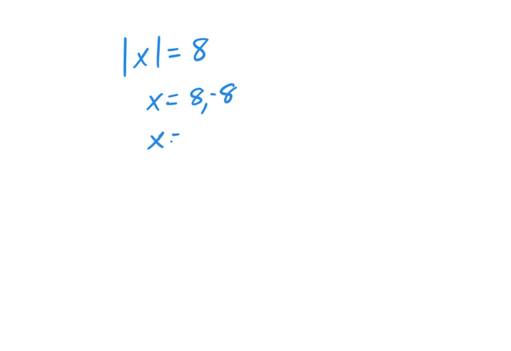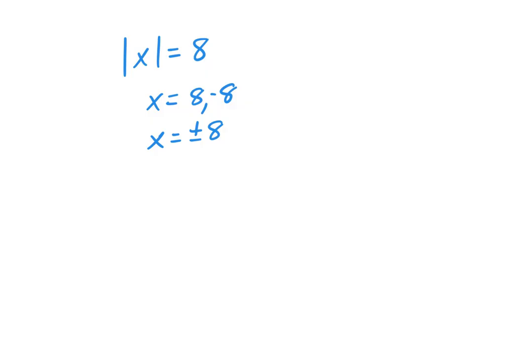And in some cases, you could write your answer like this if it's the same number. Now, I will tell you this today. Most of the time, your answer won't be the same number. It won't be a +8 and a -8. It might be a +3 and a -5, okay? And I'll show you why here in just a second. But if it is the same number with a plus or minus sign on it, then you could write it either way, okay? 8, -8. But you got to have both answers.